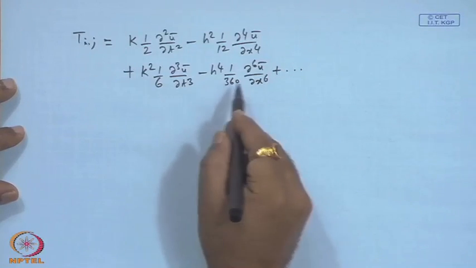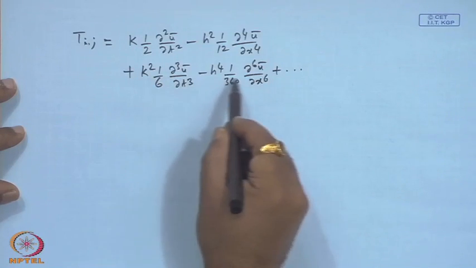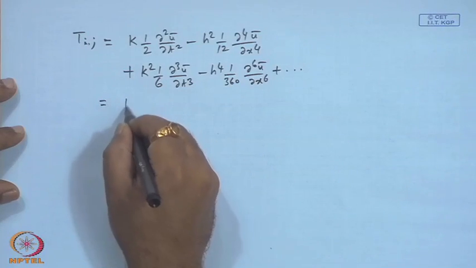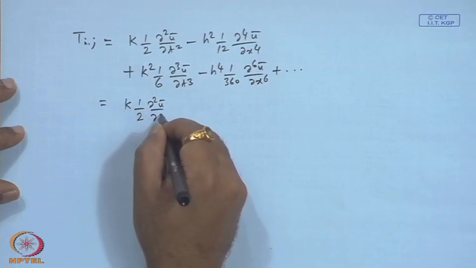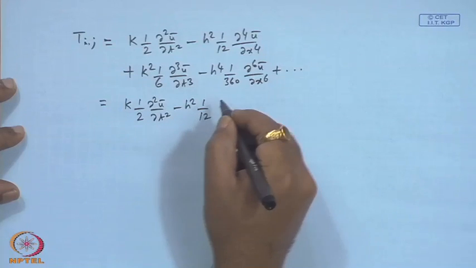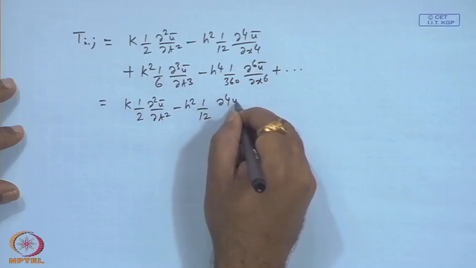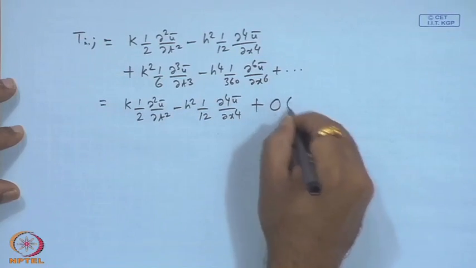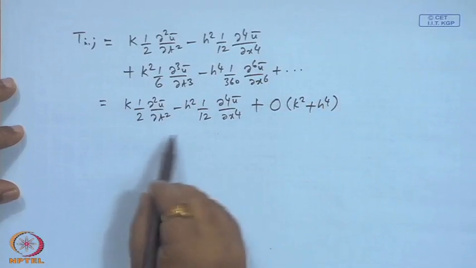This particular term is of order k square h 4, so you can write plus order of.